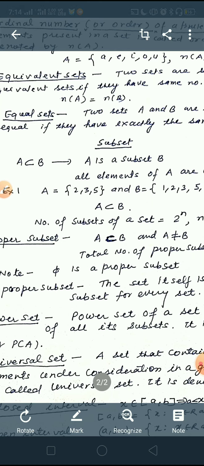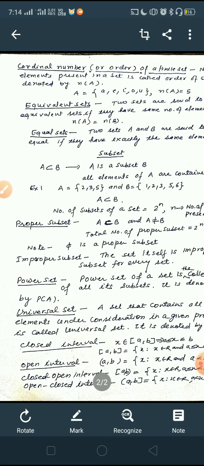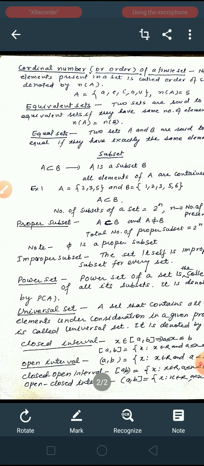We can write A is equal to B. Equivalent does not actually mean A is equal to B. Equivalent means their cardinal numbers are the same, and equal sets means the sets are equal. If A and B are equal sets, then we can write A is equal to B, meaning both sets have identical elements. We can conclude from here that equal sets are also equivalent sets, but the converse is not true.